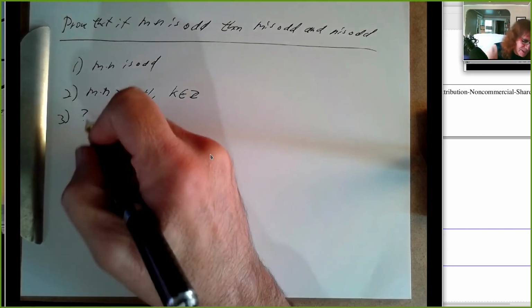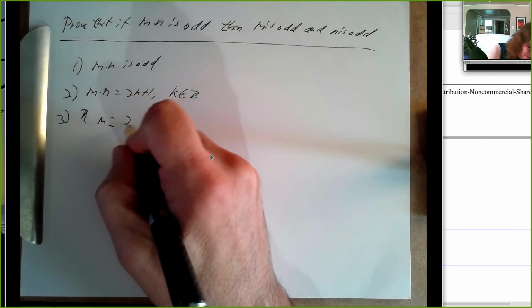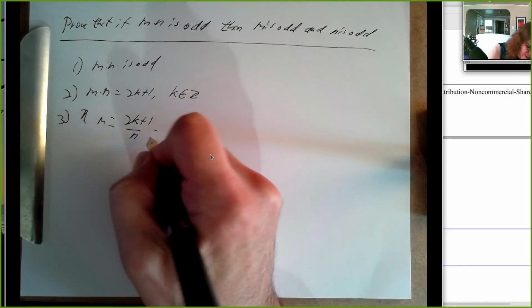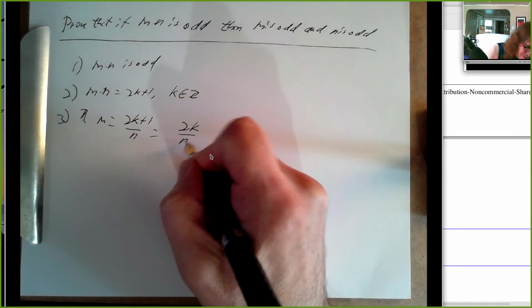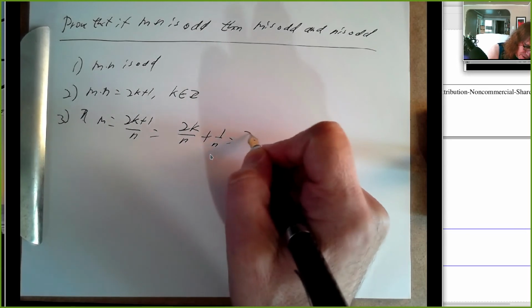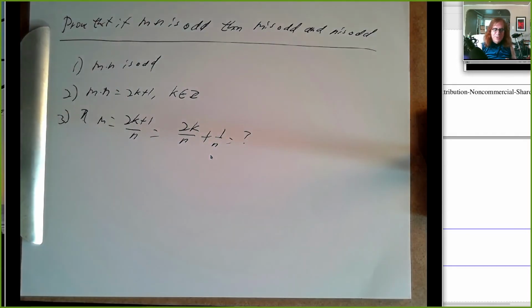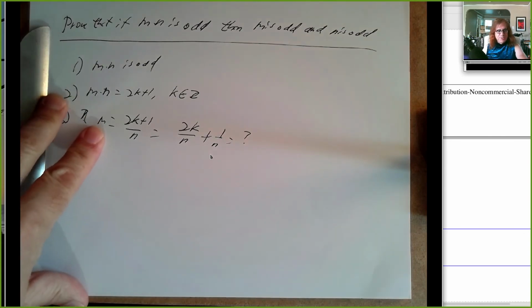I mean, we could say m equals (2k plus 1) over n, equals 2k over n plus 1 over n. But it's not clear that this is going to lead us anywhere. We'd like to show that m is twice an integer plus 1.